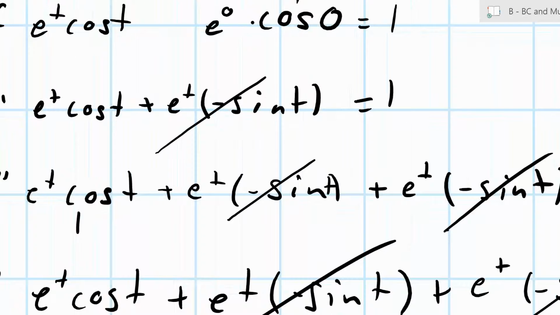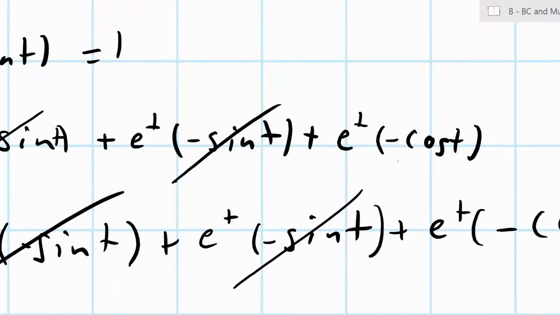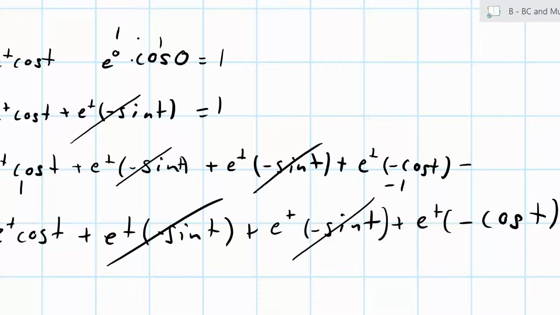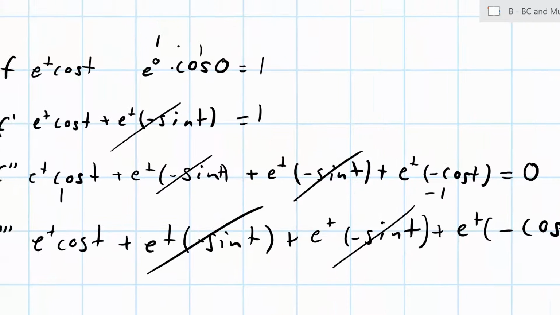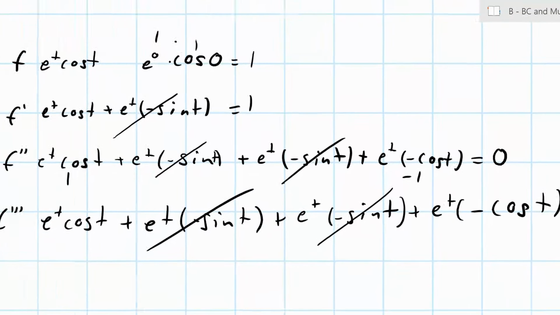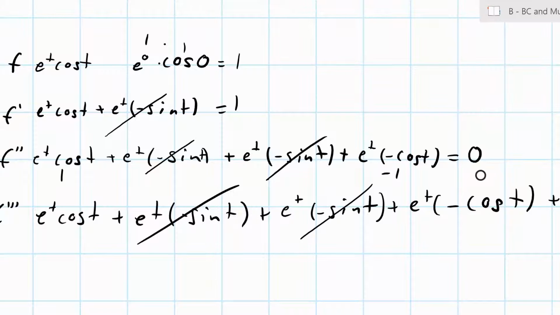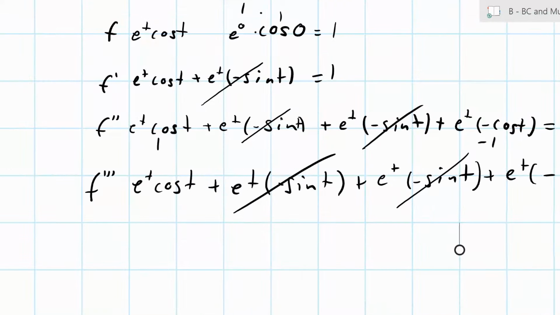And this is negative cosine, which is negative 1, which is equal to 0. So because that's 0, we may need to find more terms, unfortunately.